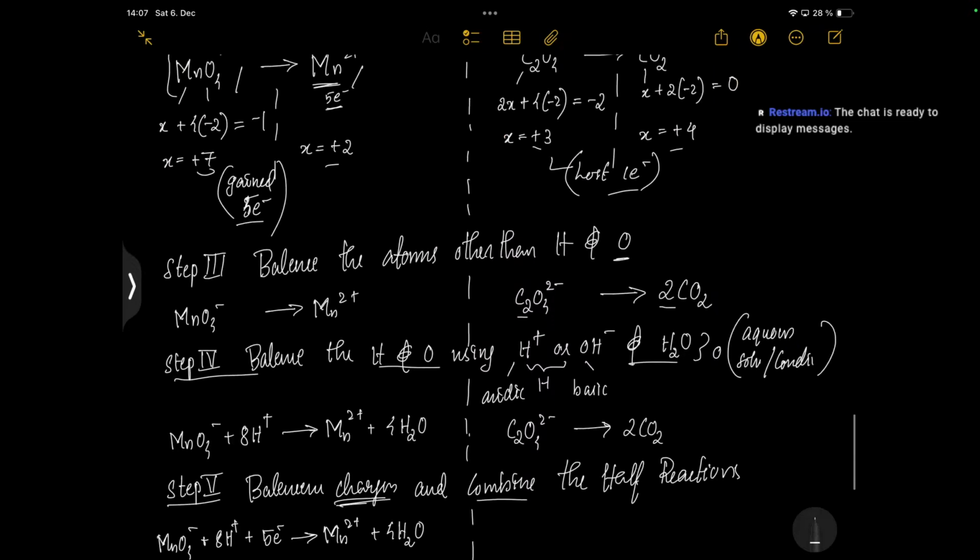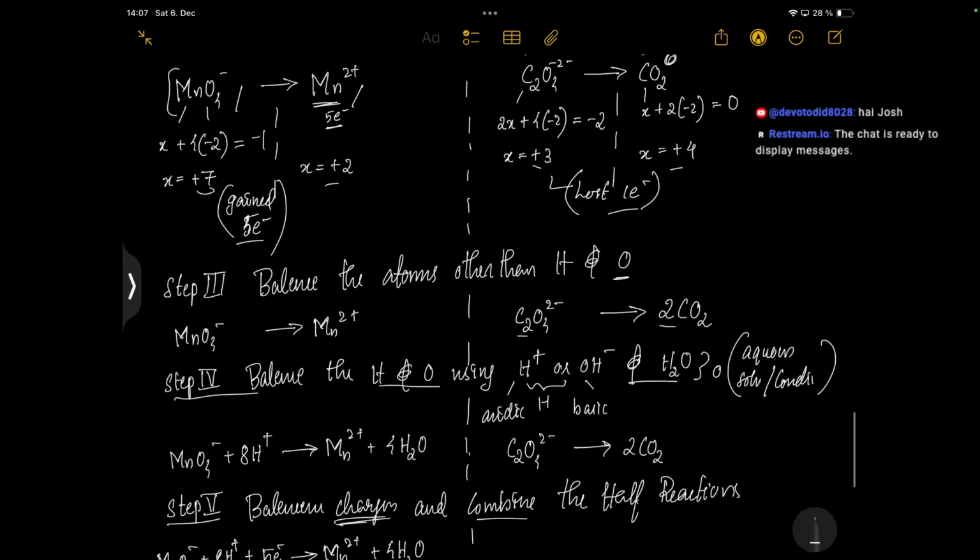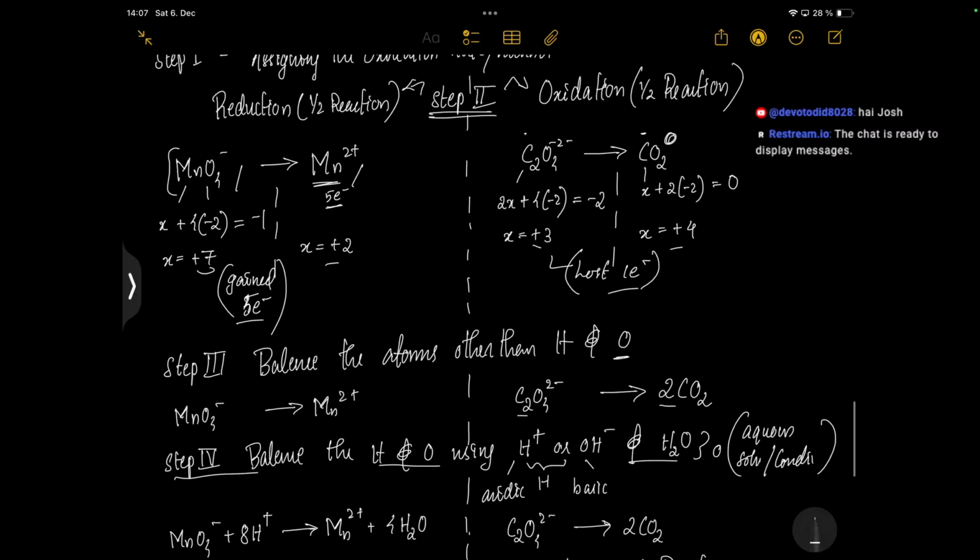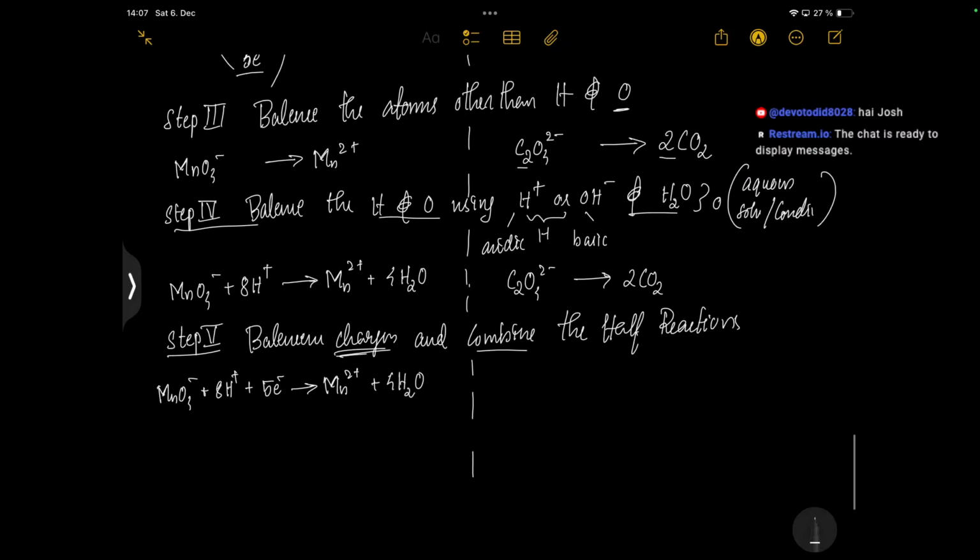Now, for the oxidation half reaction, the carbon on the left had 1 extra electron compared to the carbon on the right. So to balance that, we're gonna add 1 electron to the carbon on the right, the product side.